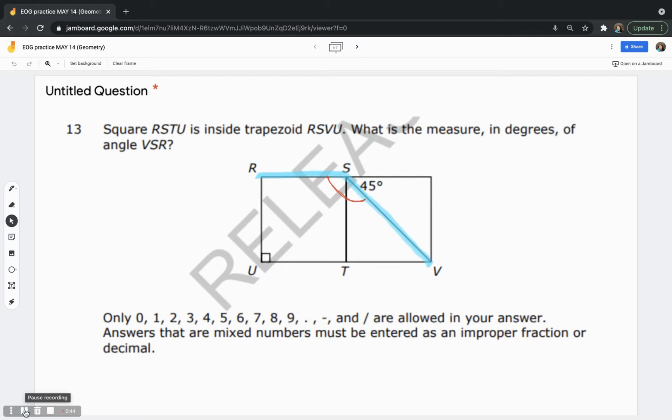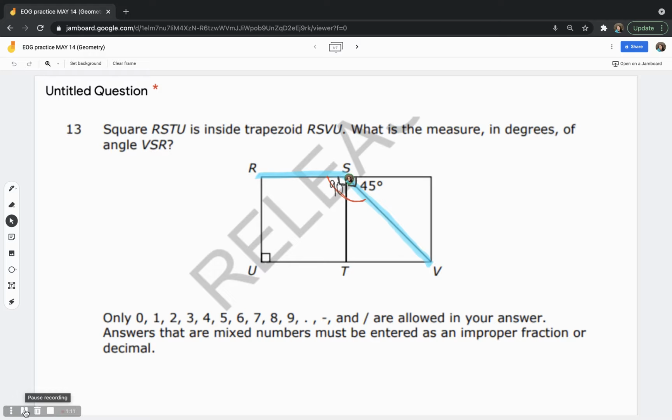And I know that the corner of a square is 90 degrees. So right here, where I have this corner of a square, I know that this angle is going to be 90 degrees. I also know that this here makes up the corner of a square as well, which means that is 90 degrees together.